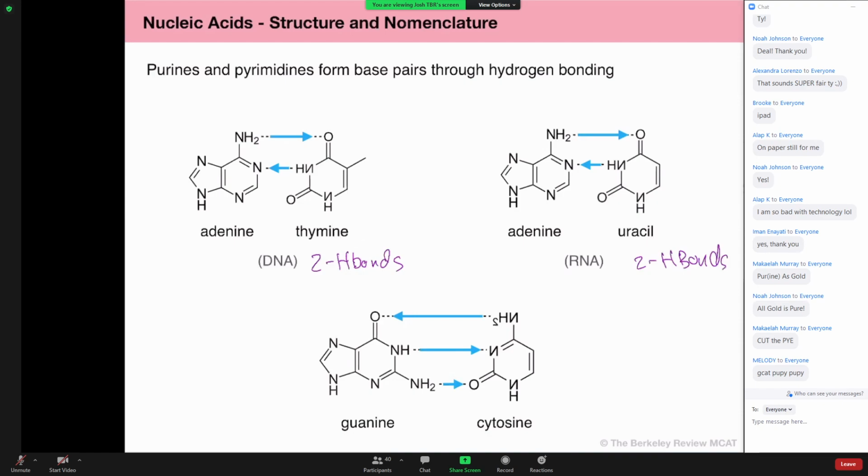Right? And then guanine and cytosine can form 3. So GC. All right. Okay.